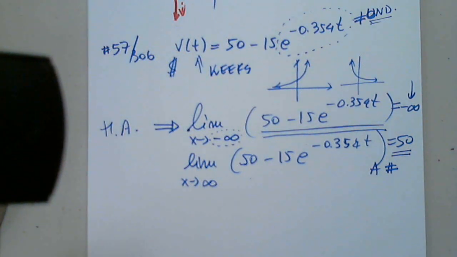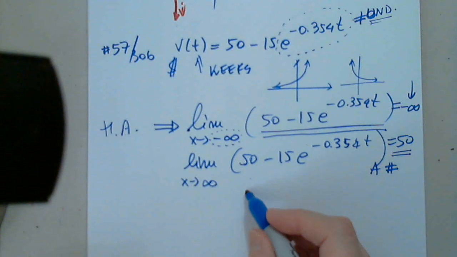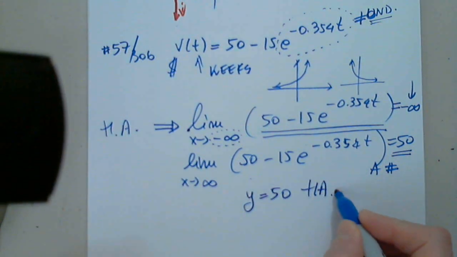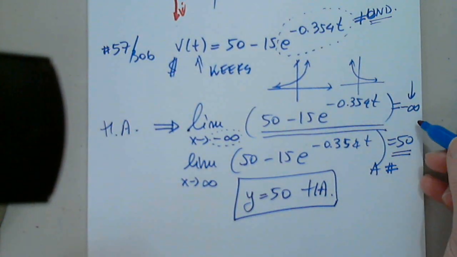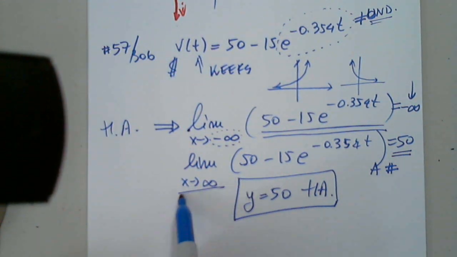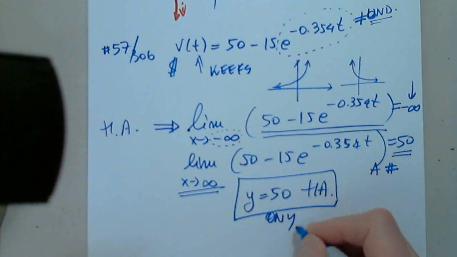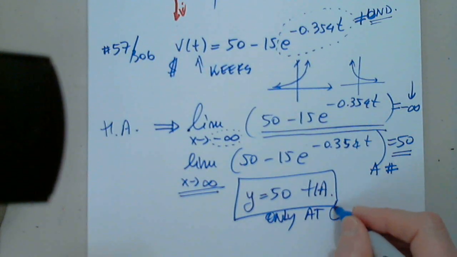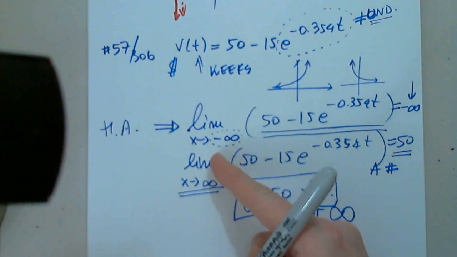What do we conclude? So horizontal asymptote. Yes, indeed. This is the horizontal asymptote, not this one. So there is a horizontal asymptote, but only at infinity. Only, I swallowed the L, only at infinity, not at negative infinity.